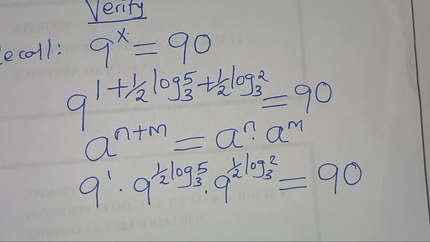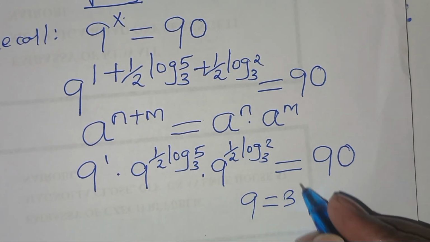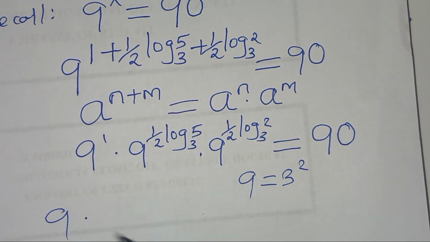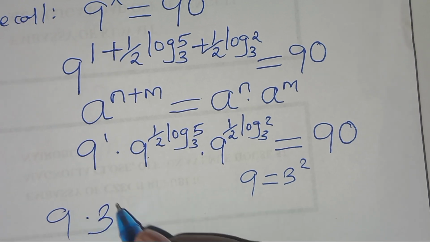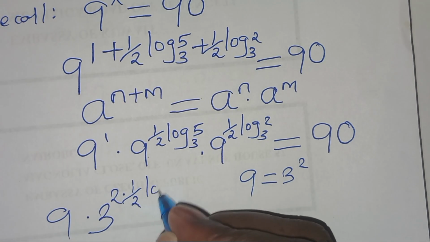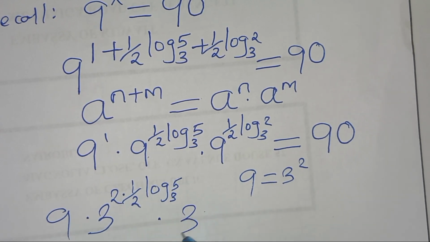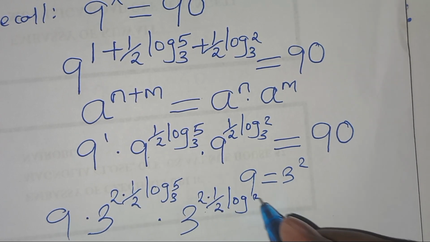The next step from here, we can express 9 as 3 to power 2. So we have 9 times 3 to power 2 times a half log 5 to base 3 times 3 to power 2 times a half log 2 to base 3.